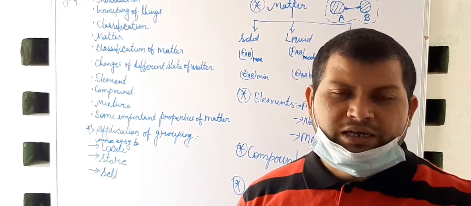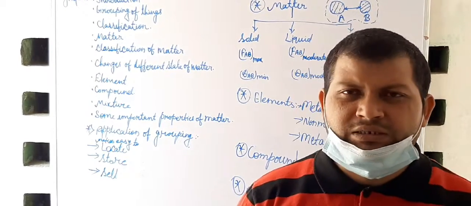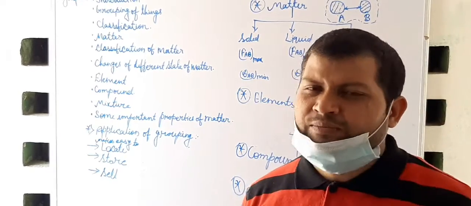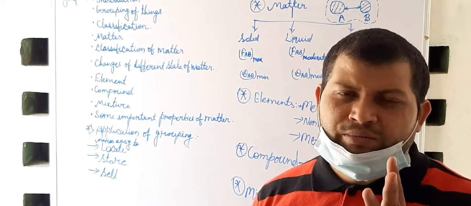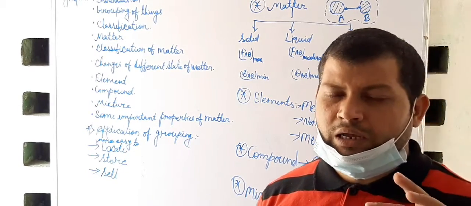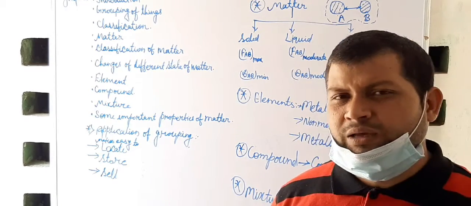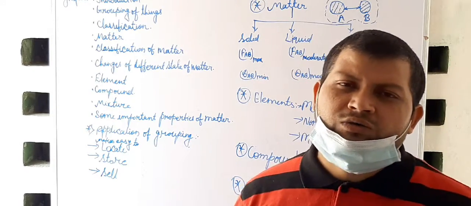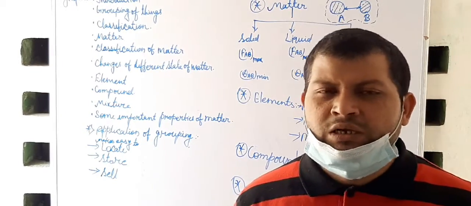Now, another type of substance is called elements. Elements are divided into three types: metals, non-metals and metalloids. Metals are generally heat conductors; they allow heat and electricity to flow through them, so they are called conductors. Non-metals don't allow heat and electricity to flow through them, so they are known as insulators.